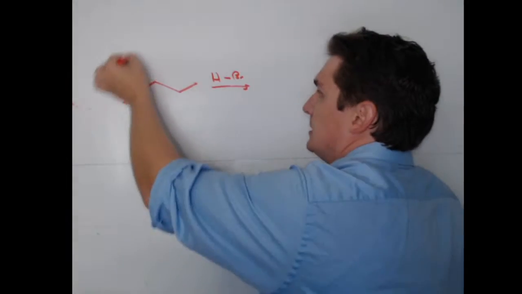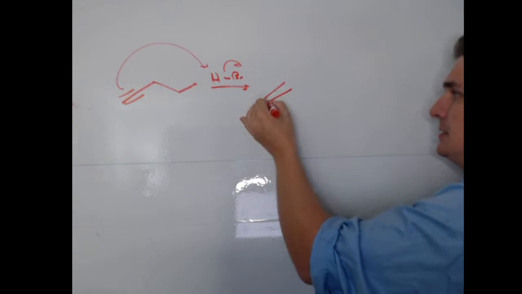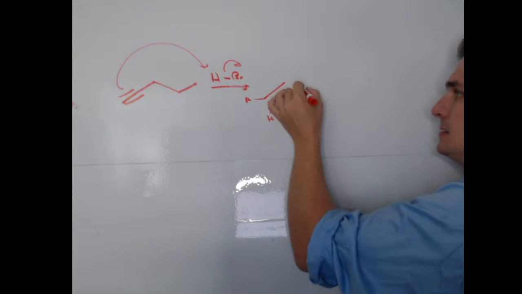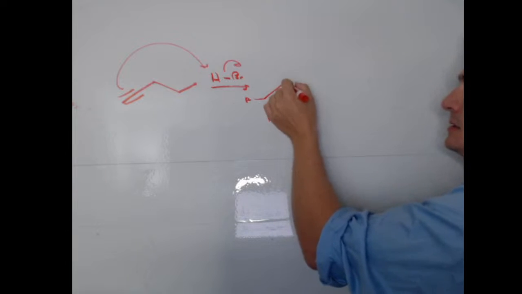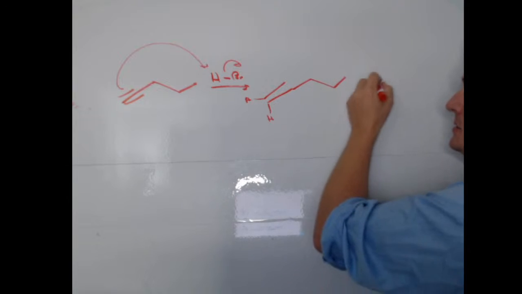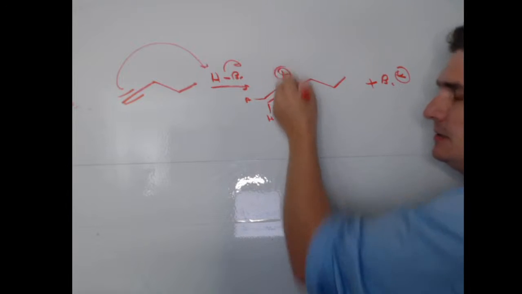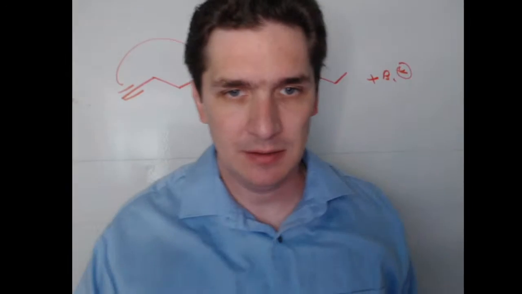We're going to do the attack of the hydrogen to the bromide. So that should give us the bromide ion and a very short-lived intermediate.